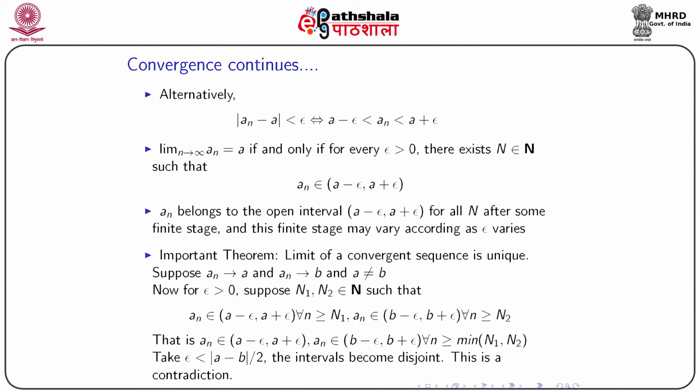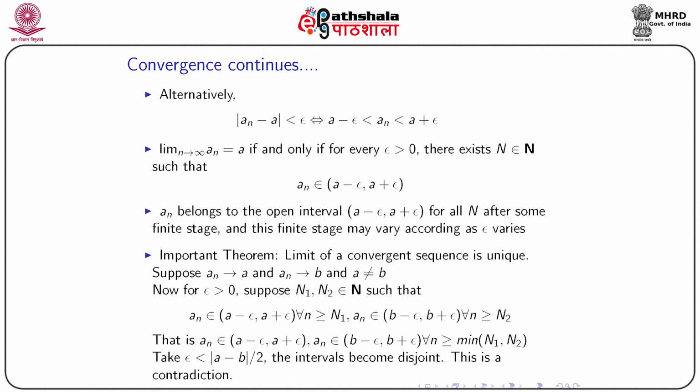Now we can define this convergence in other ways also. Alternatively, we say that whenever n is greater than capital N, then mod of an minus a is less than epsilon. That means an lies between a minus epsilon and a plus epsilon.